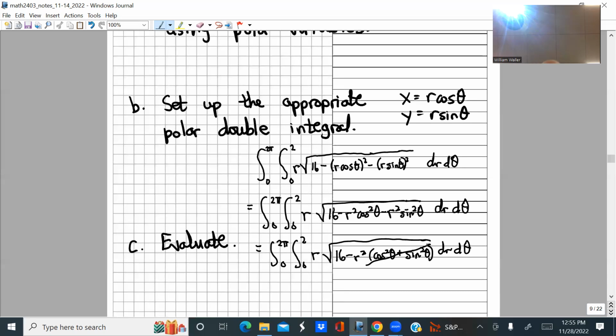So that means that just a simple substitution effects integrating this square root. So let's try that. What I'm suggesting is try u equals 16 minus r squared. Then let's see, what's du dr? Is that minus 2r?